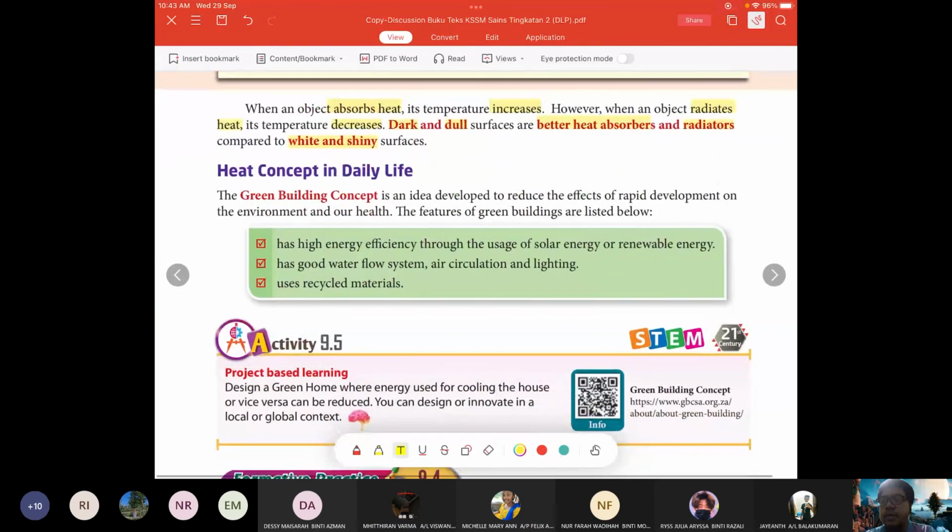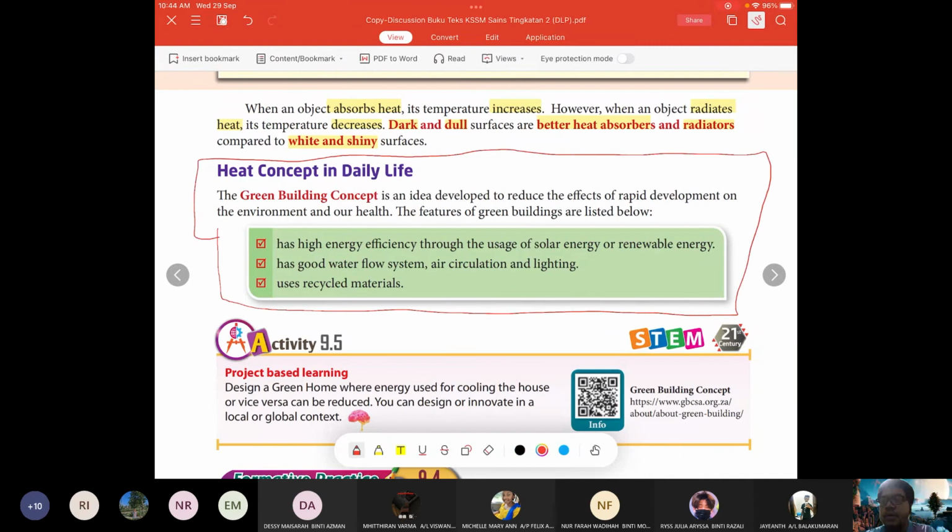Now, heat concept in daily life. The green building concept is an idea developed to reduce the effects of rapid development on the environment and our health. The features of green building are listed below. I want you to do your own reading about this green building concept.